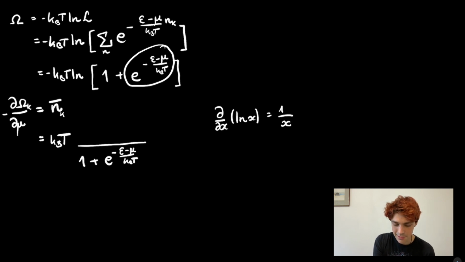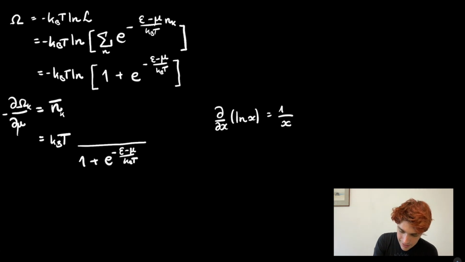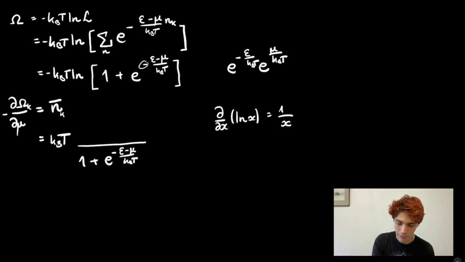It's easier to do this if you separate out the exponential, because of course it's got epsilon minus mu. If we separate that out, we get e to the minus epsilon on kBT multiplied by e to the mu over kBT, because those two minus signs cancel out when we expand the exponential. We're just differentiating that, and hopefully you can see that the first factor has no mu in it, so it's just a constant.